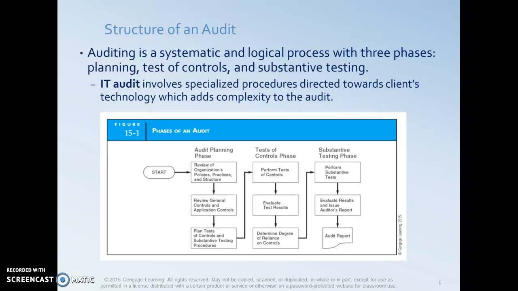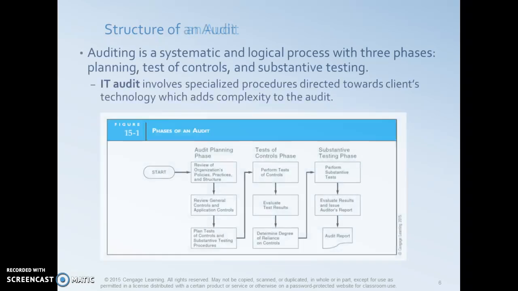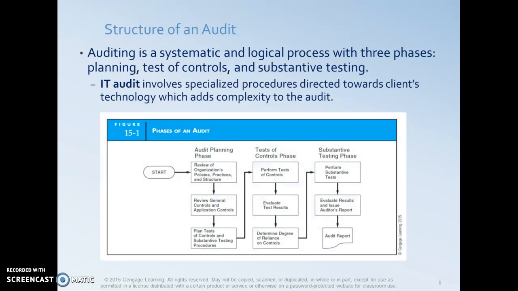But if they have good controls, you're not going to do as much substantive testing. If you find they have bad internal controls, then you're going to have to do a lot of work to make sure that the financial statements are, as I said, free of material misstatements.